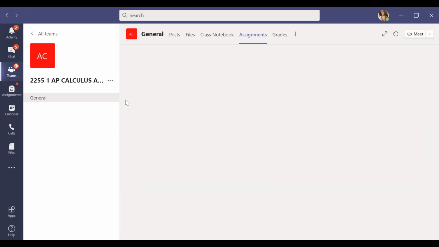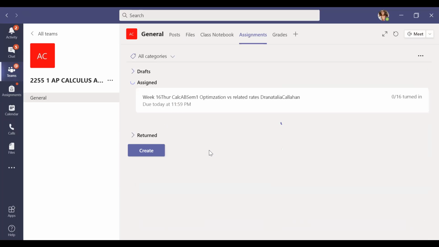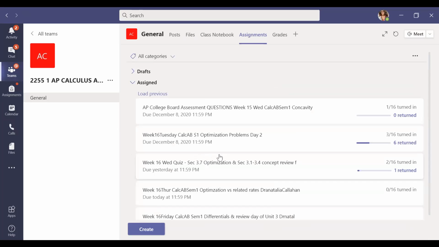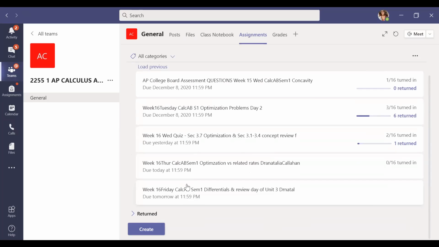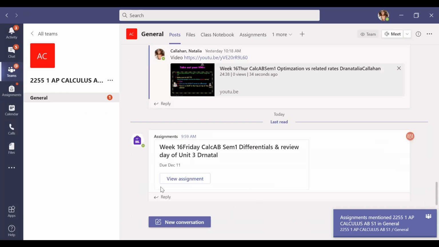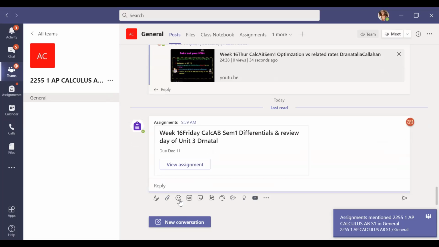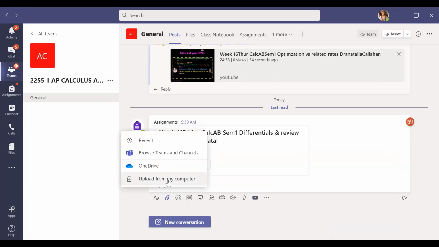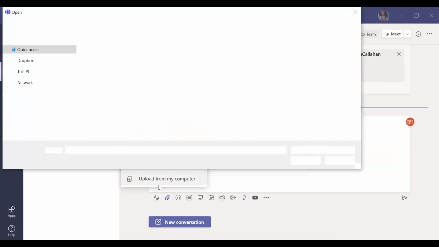Let's go back to Teams, and I'm going to go ahead and upload your PDF of week 16 Friday's guided notes. So if you would like to print out just today's notes, you have that available. And there it goes. It just popped up. So I'm just going to click on reply and then attach today's guided notes to that as well.